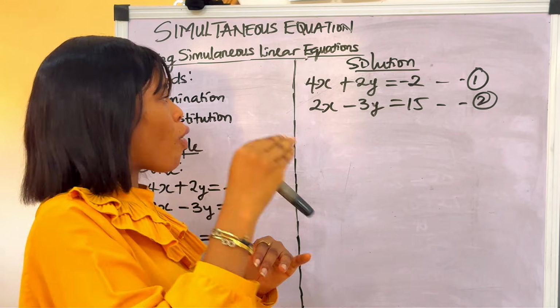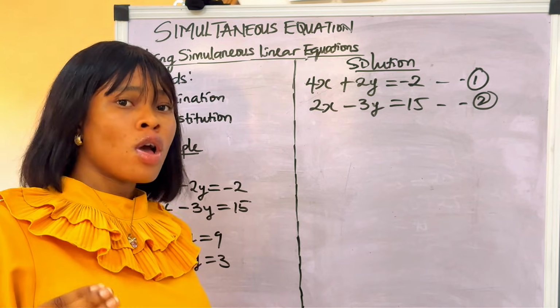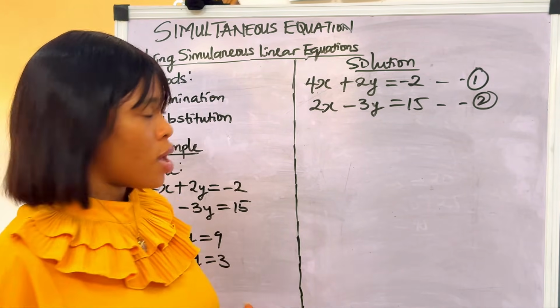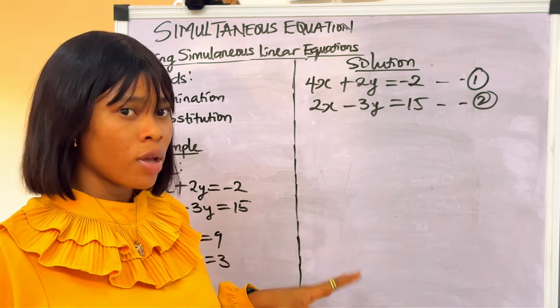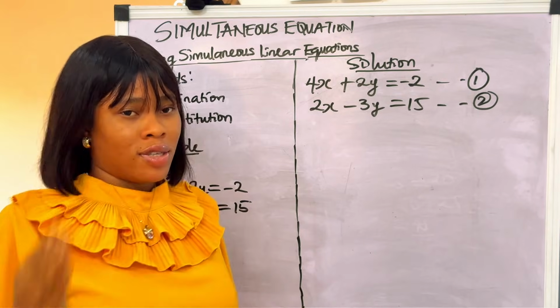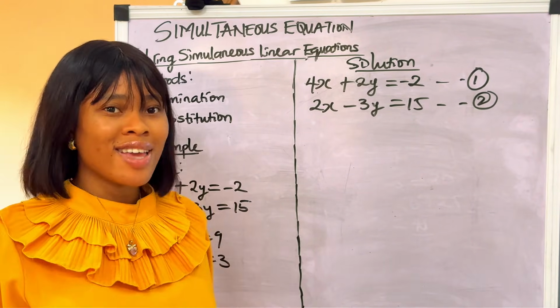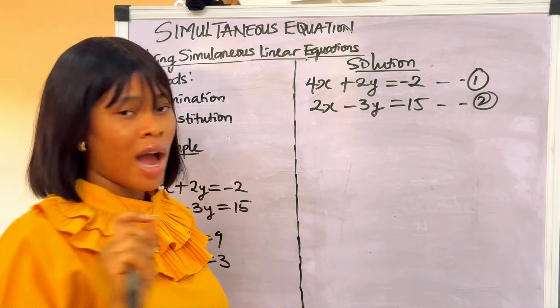Now, you see that their coefficients are not the same. For you to eliminate x, you have to make sure that the coefficients of x in both equations are the same. That's one thing to consider. And after that, the next thing to consider is the signs. What sign are they carrying?